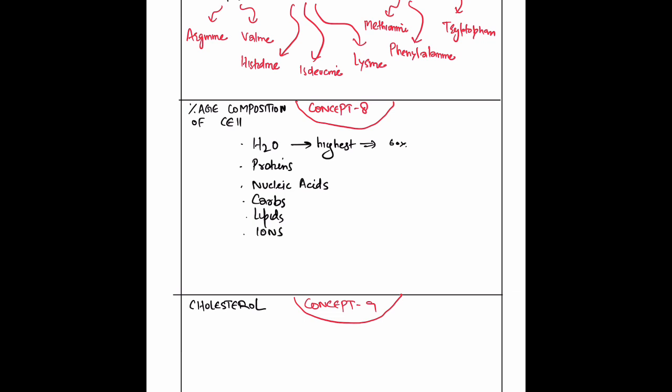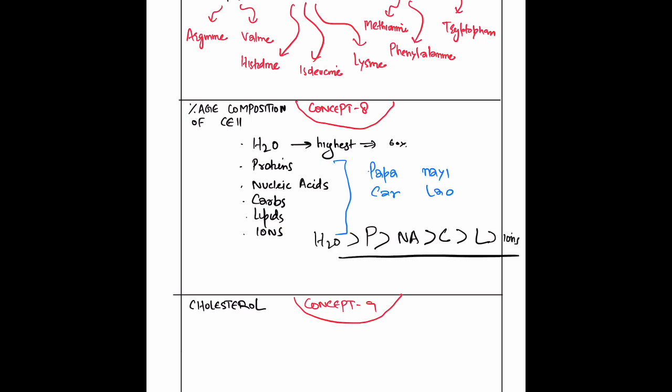So we just remember the middle four by the mnemonic Papanai Carla. So proteins greater than nucleic acids, greater than carbs, greater than lipids. And before proteins we have the water, and after lipids we have the ions.